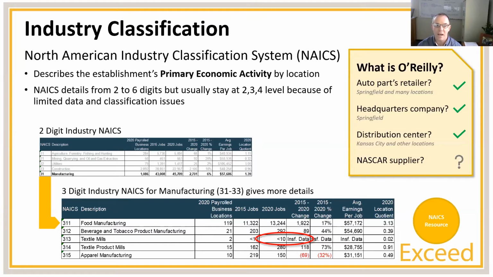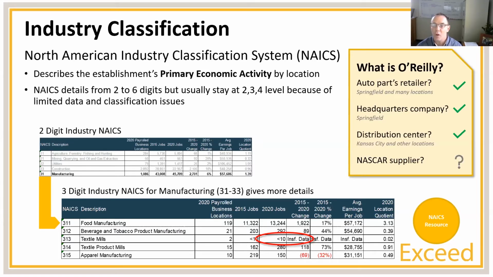So you're going to find management of companies as a sector, and it's likely that O'Reilly is going to be in there. It's also a distribution center. In Kansas City, they have a distribution center, so it'll be classified there as a distribution center along with those other parts retailers.